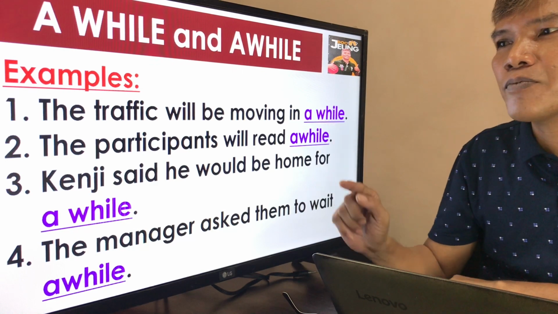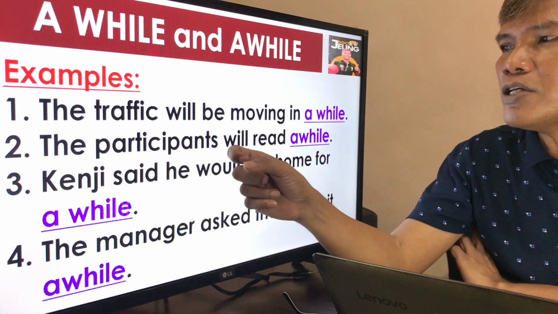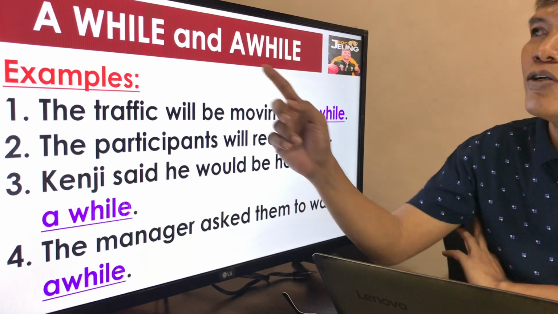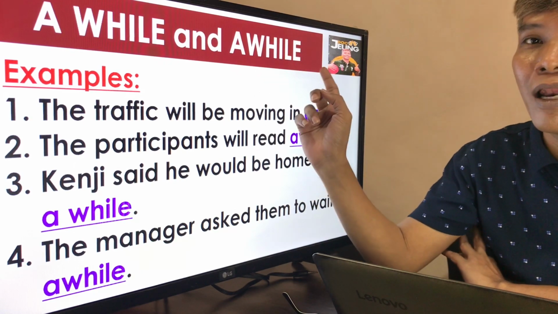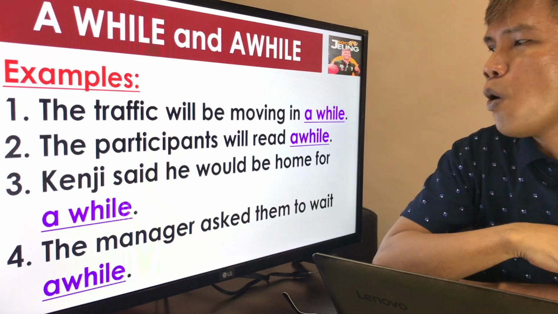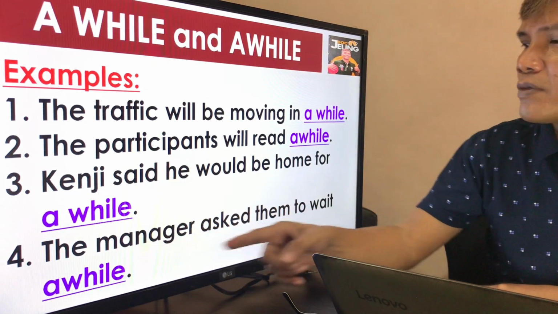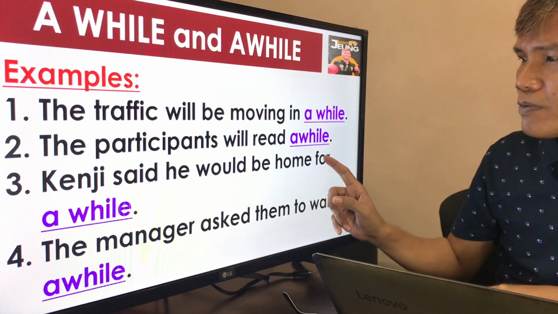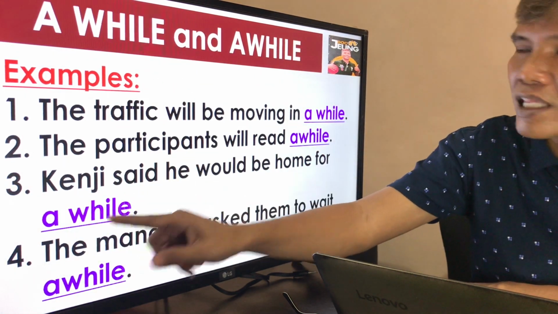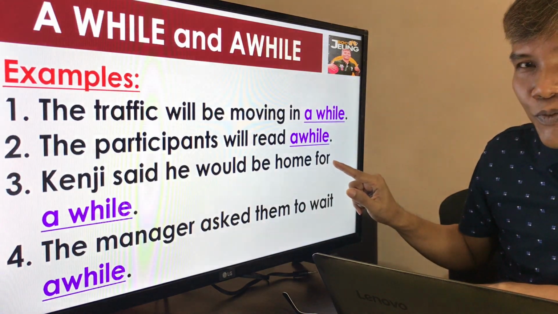Number two, the participants will read awhile. There is no preposition, therefore you will use awhile. Number three, Kenji said he would be home for a while. There is a preposition before a while, so you will place it after the preposition.